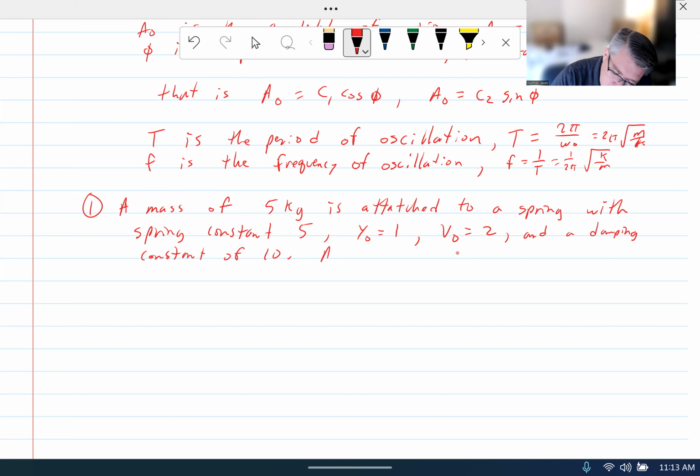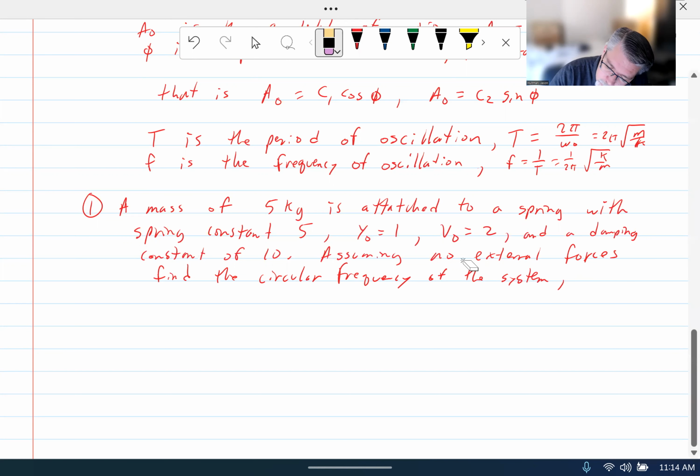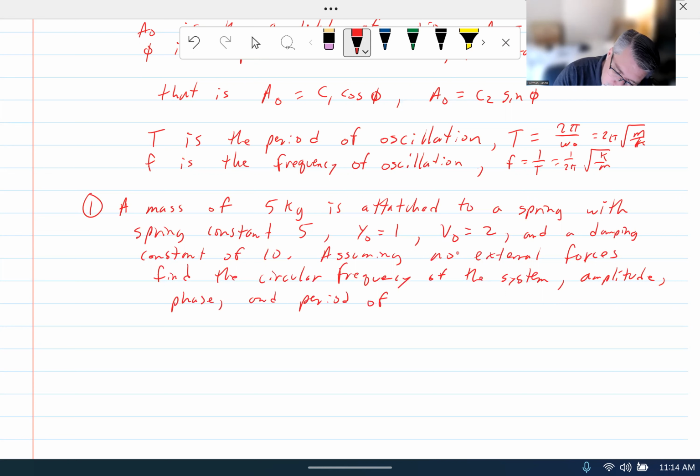Assuming no external forces, find the circular frequency of the system, amplitude, phase, and period of oscillation.